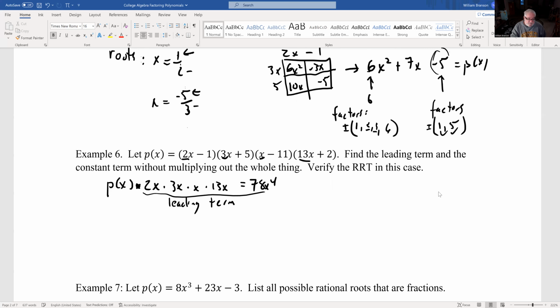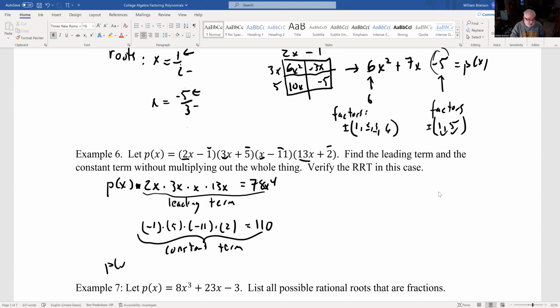If you multiply a bunch of factors, multiplying just the numbers will give you the constant term. So minus 1 times 5 times minus 11 times 2, right? And that's minus 55 times 2 is minus 110 times the minus 1 is 110. So there's the constant term.